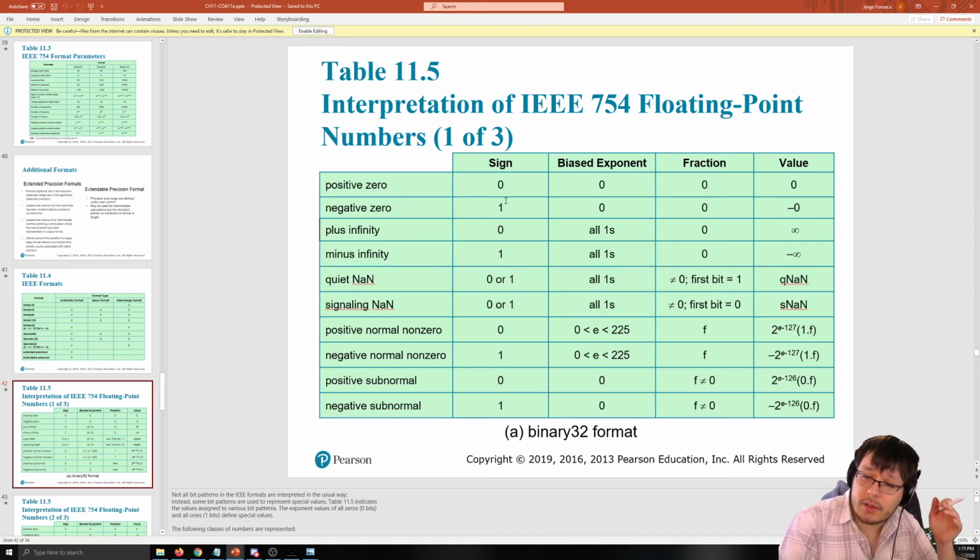I guess that's one of the reasons why they might not be using the 2's complement for the exponent, because that way they can have a special situation for 0 inside of that. Otherwise, that wouldn't really work out what they're doing here. Because again, the other scenario they could have is what if you just want to store 1 in your floating point value? For the fraction, you really wouldn't have anything there.